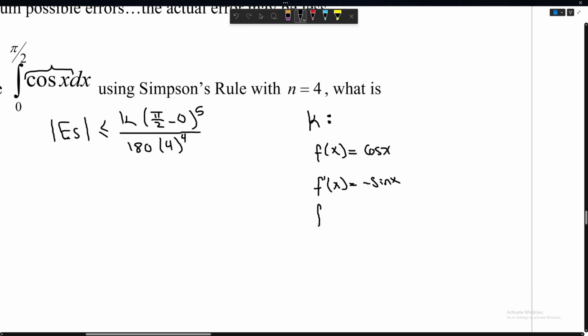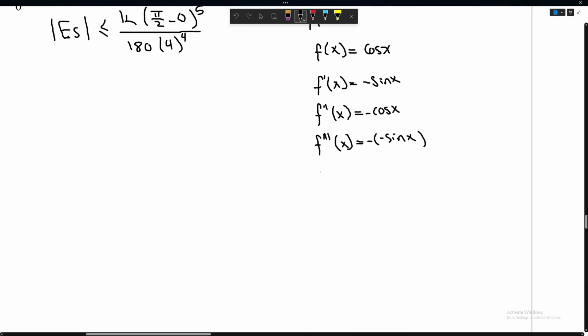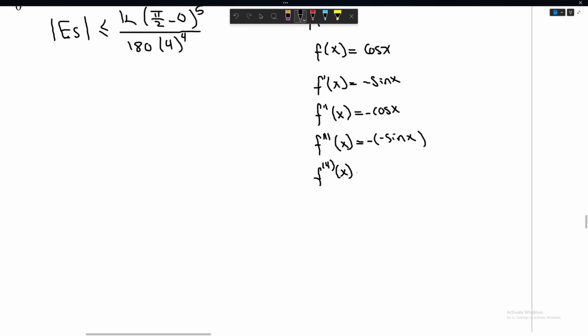And then I gotta derive this again, and this is just negative cos. And then one more time, this will give me a negative sin, right? These negatives will cancel out, giving us a positive. And so the fourth derivative of x equals, I get a positive, and the derivative of this is just cos x. Right, and this is my fourth derivative.